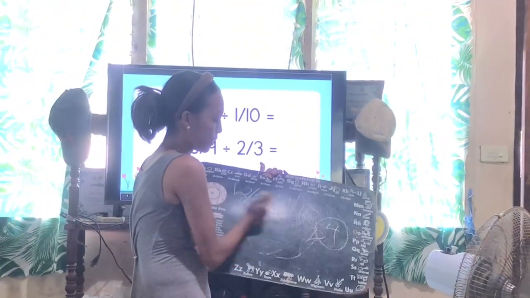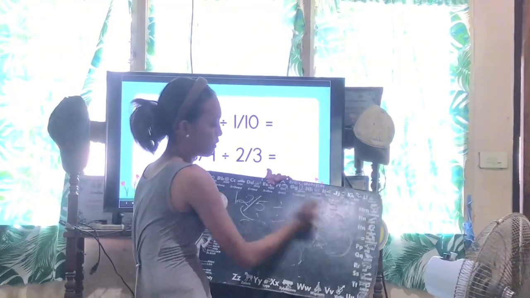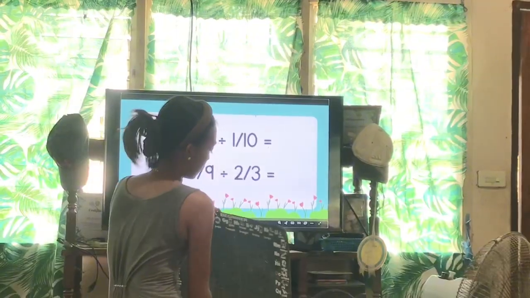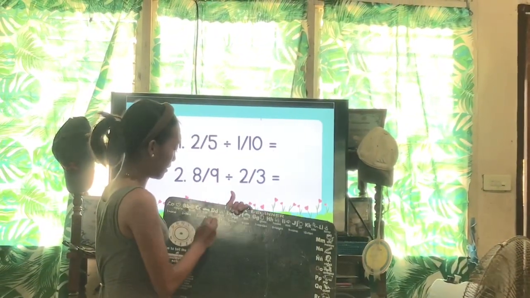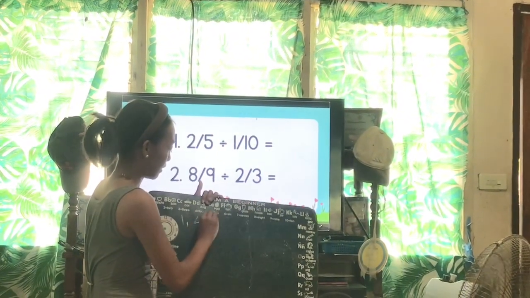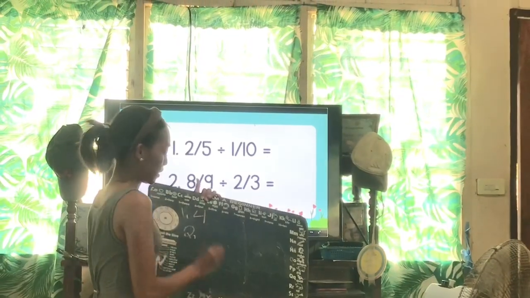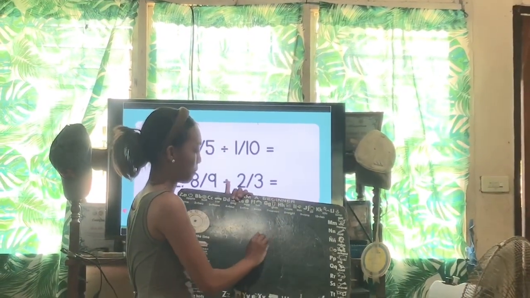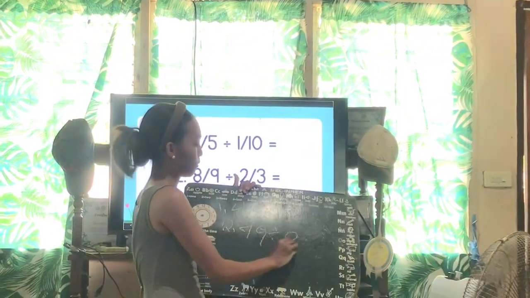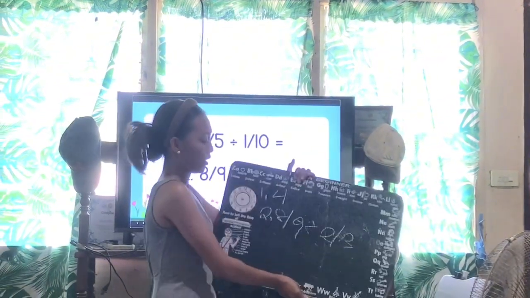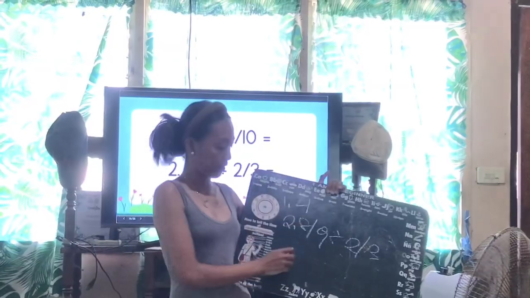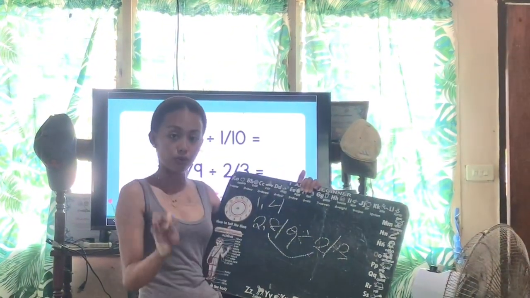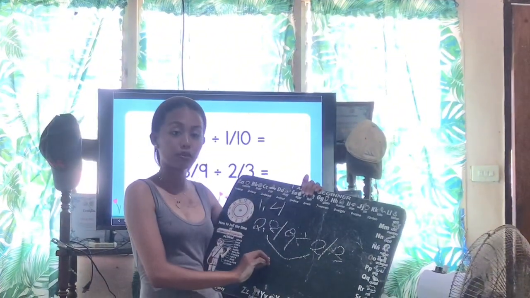So number 1, our final answer is 4. Number 2, 8/9 divided by 2/3. 8 divided by 2 is 4.